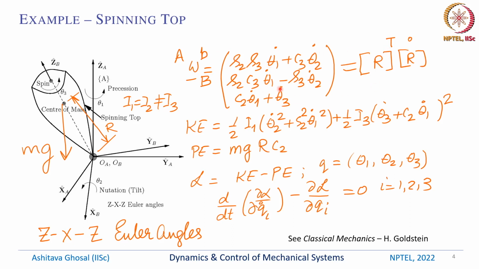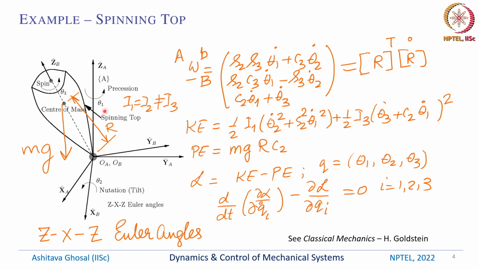Again, we have done this several times, but you can do it once more, and after simplification, after extracting from this skew symmetric matrix, we will get omega x as S2 S3 theta 1 dot plus C3 theta 2 dot, then S2 C3 theta 1 dot minus S3 theta 2 dot, and then C2 theta 1 dot plus theta 3 dot. Once we have this angular velocity, we can obtain the kinetic energy.